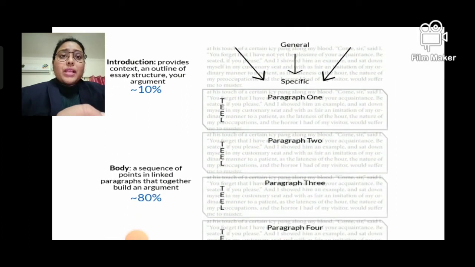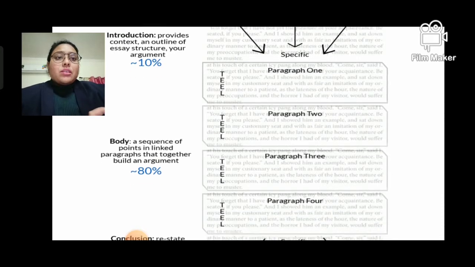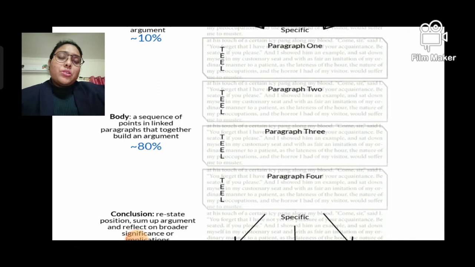The introduction provides context and an outline of the essay structure, and it consists of just 10% of your essay. Now here you see your body. It has been divided into four paragraphs.